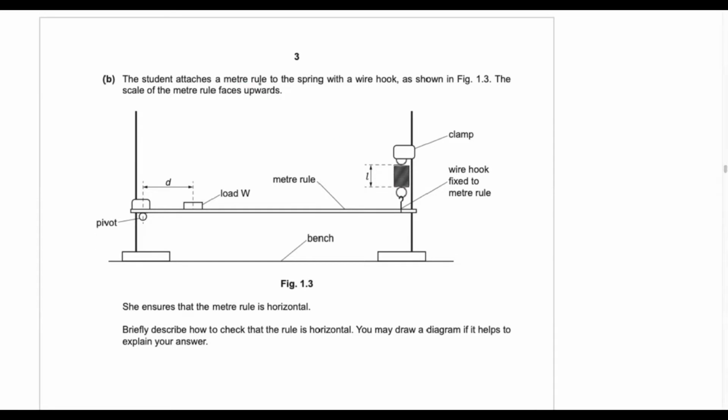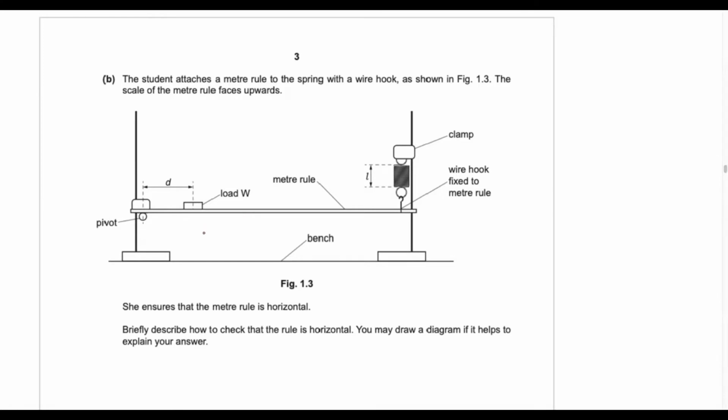Attach a meter rule to the spring with a wire hook. So this is a wire hook. This is the meter rule. Then the scale of the meter rule faces upwards, so the scale you can read on top of the meter rule.